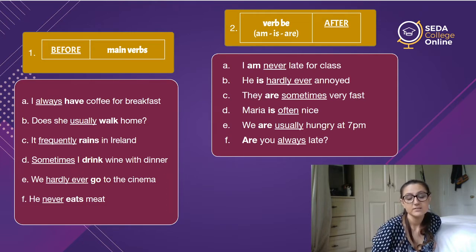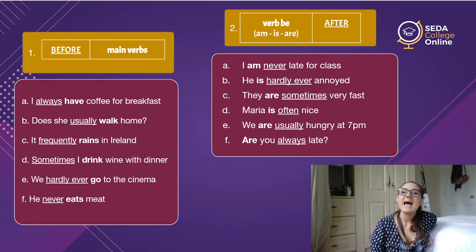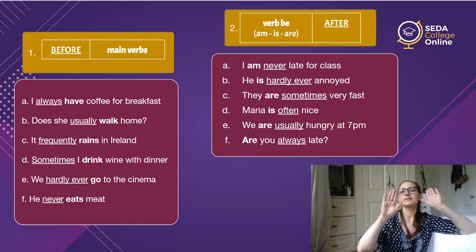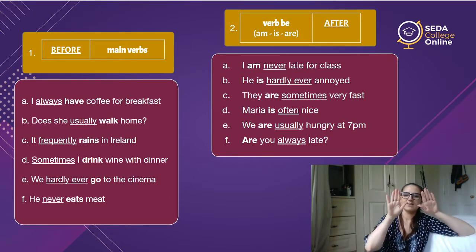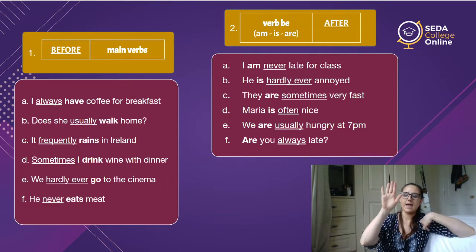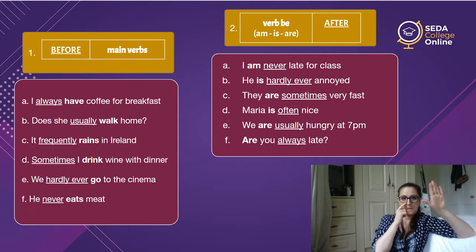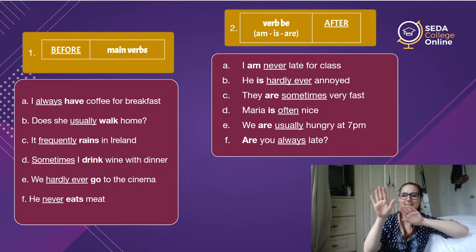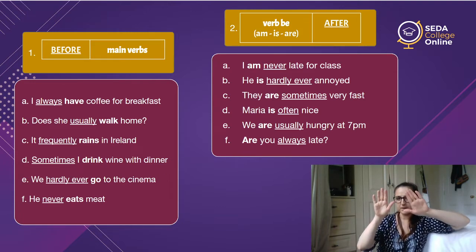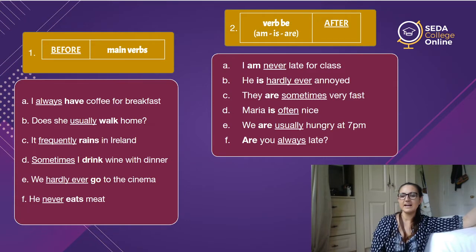And then with the verb be, it goes after. So I am never late for class. Am, verb be, and then after we have our adverb. So am, never, and then the rest of the sentence. He is hardly ever annoyed.